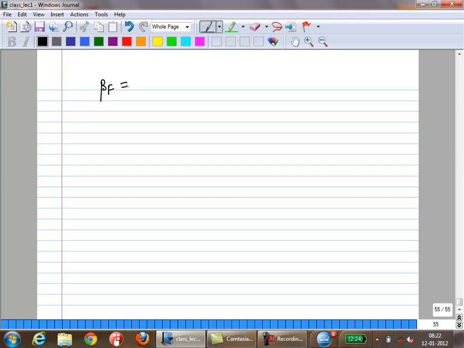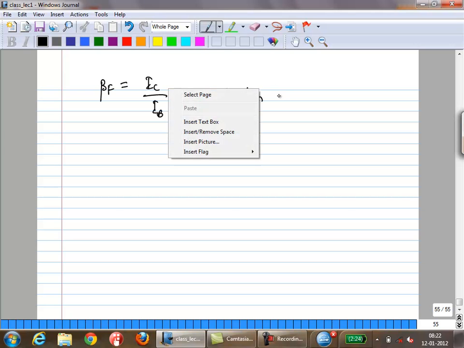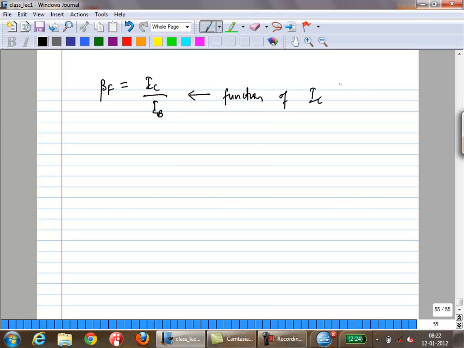So this is called the forward beta. The idea is it's a large signal quantity, so it's a DC quantity. So it's nothing but the collector current over the base current. And it turns out, of course it's a function of IC. It turns out it's a function of current density.